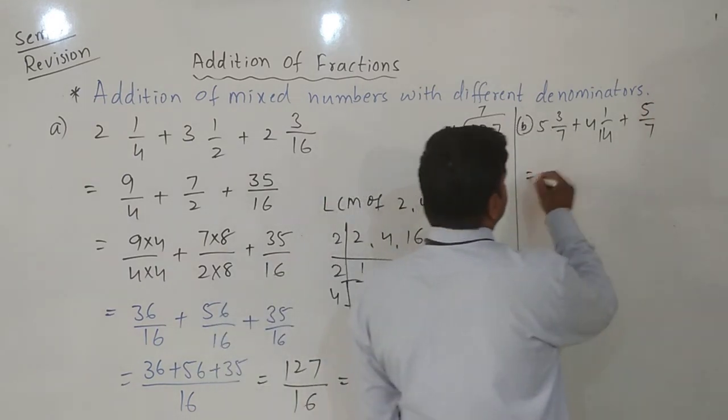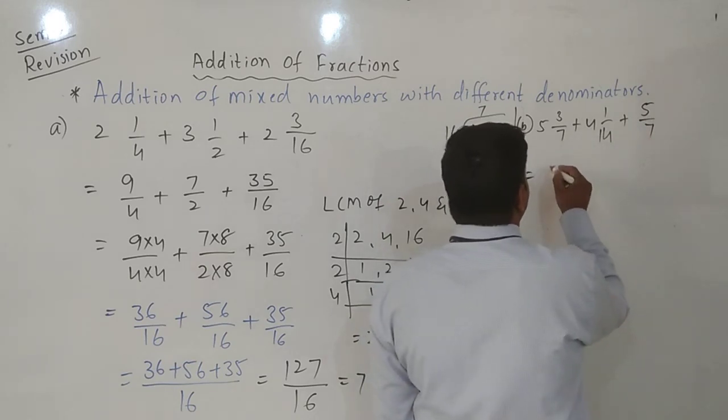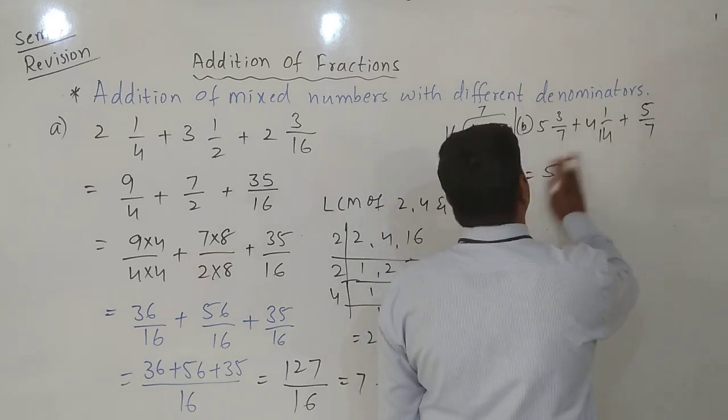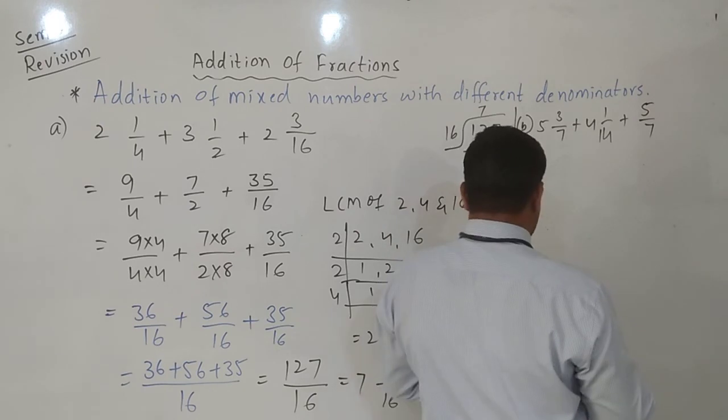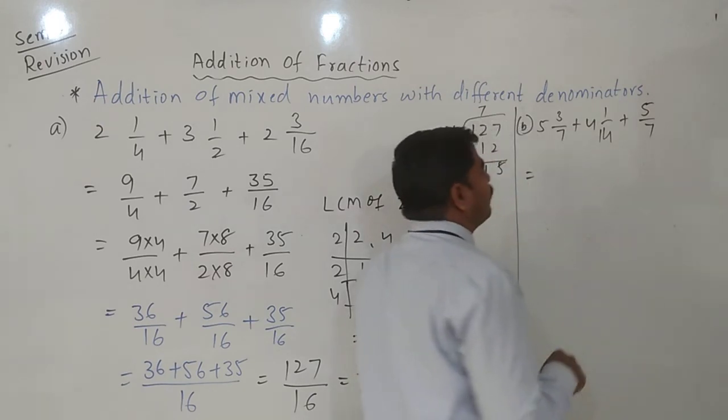Now find the LCM of 7 and 14. It is 14 only. Then convert the mixed numbers to improper fractions.